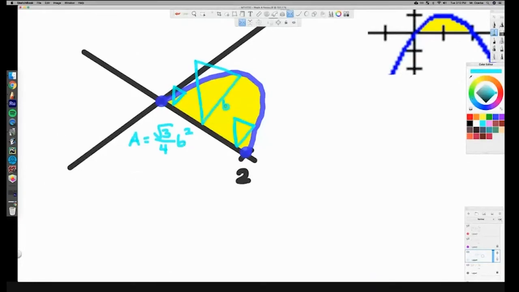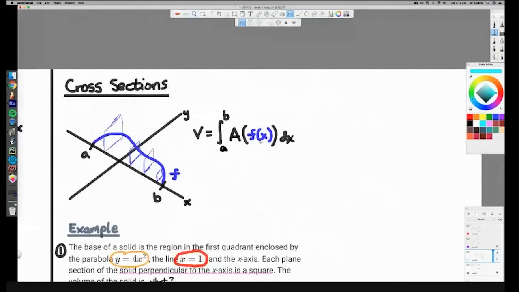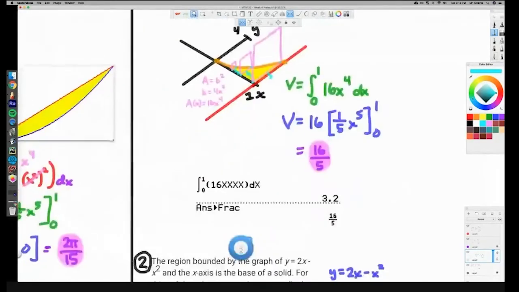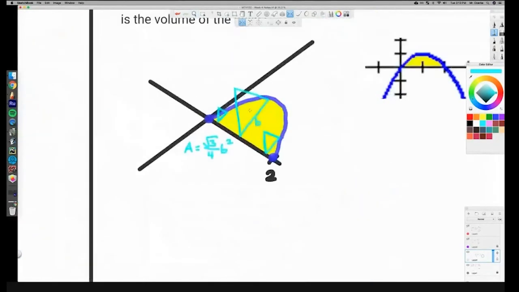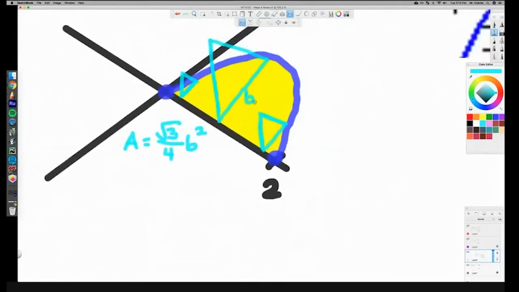But we need b in terms of x. The area has to be in terms of x. So we do know that b is equal to what? Any of the b's. Yeah, 2x minus x squared. Any of the bases are going to be equal to 2x minus x squared.